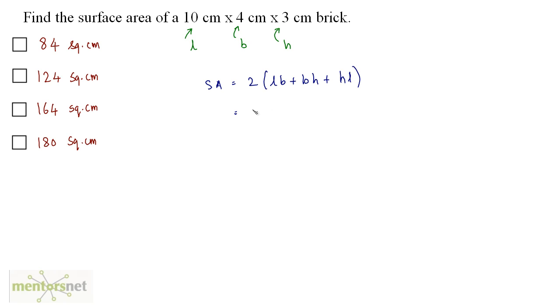So we can write it as 2 into 10 into 4, that's 40, plus we have BH, that means 4 times 3, that's 12, plus we have HL, that is 3 times 10, and that's 30. So this is equal to 2 times (40 plus 12 plus 30), which is 82, and 2 times 82 is 164, and this will be in square centimeter, right? So option C.